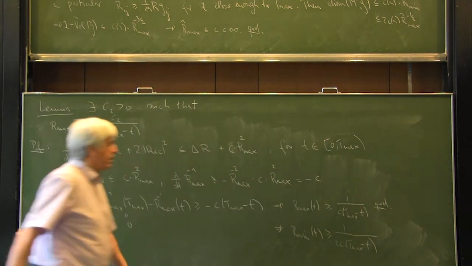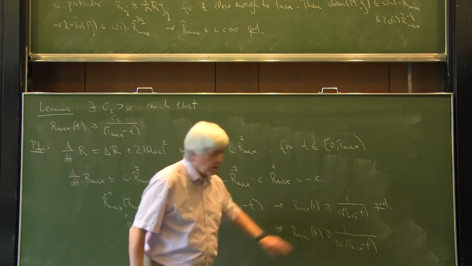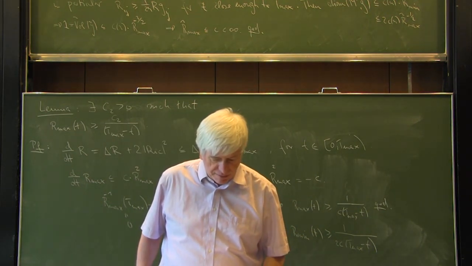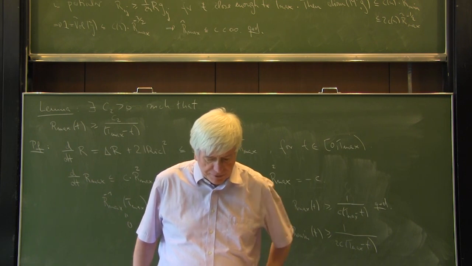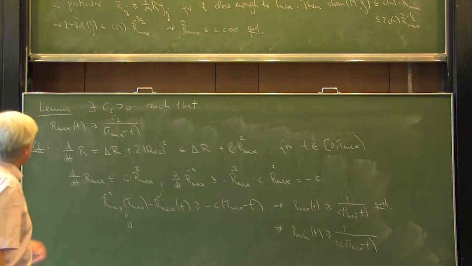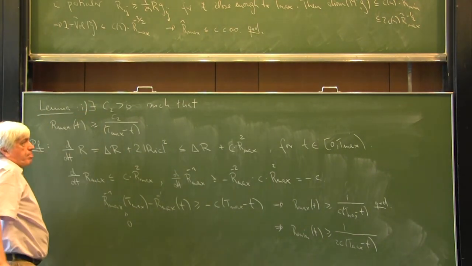Okay, so I have a minimum rate of blow-up. Now, very similarly, I can use now the evolution equation for R in the other direction. So this is the first part.